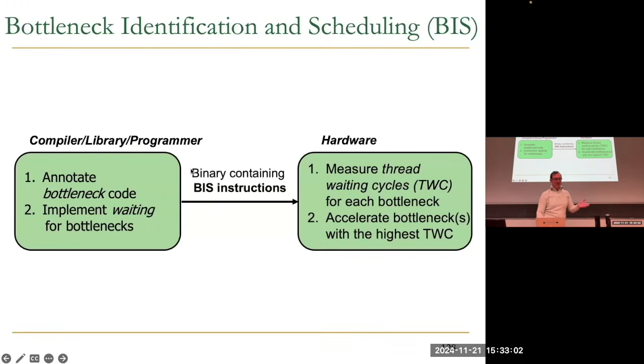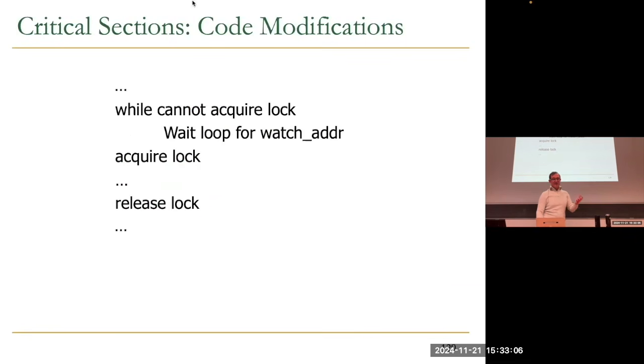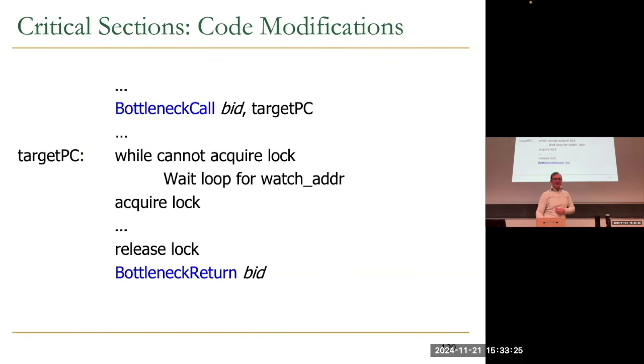Unfortunately, it requires changes to both hardware and software, as you can see. Let's take a look at the software changes. So this is a critical section. We try to abstract away as much as possible. While you cannot acquire the lock, you wait, essentially by watching an address. And then you acquire the lock once you're done waiting, and then you release the lock. Now, we're going to outline this call.